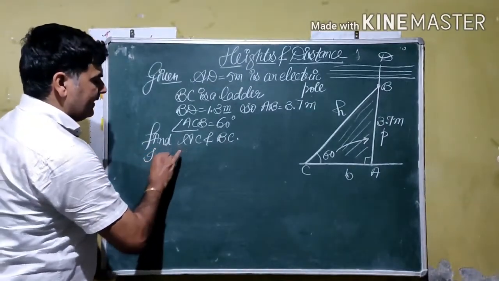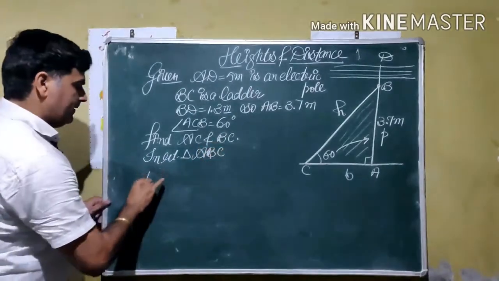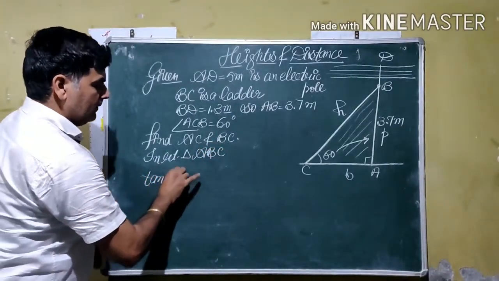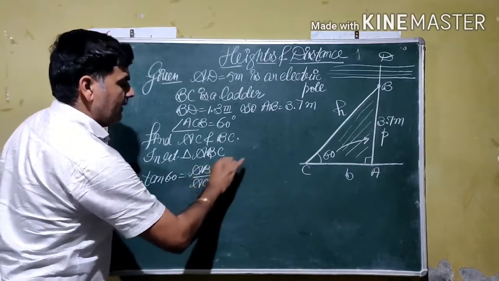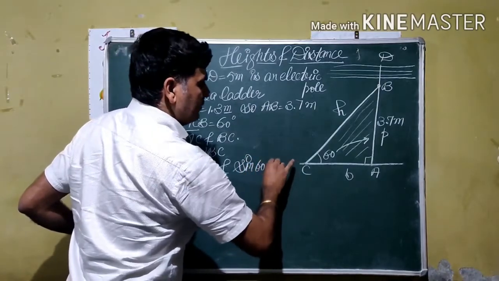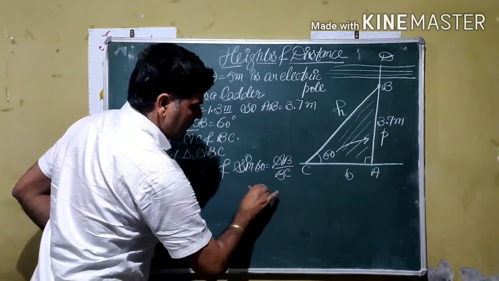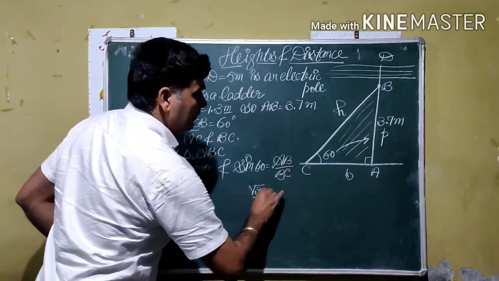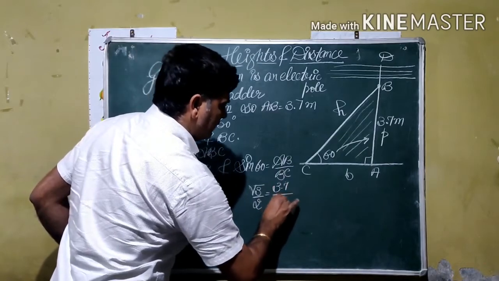In right triangle ABC, tangent of theta is given by P by B, meaning AB by AC, and sine of 60 is given by AB by BC. Sine 60 from tables gives root 3 by 2, AB is 3.7, and BC is unknown, we have to calculate.